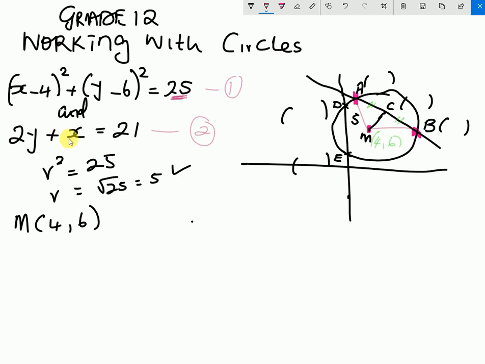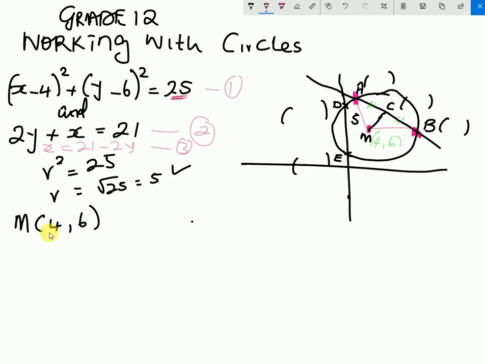One of these unknown values must be the subject of the formula. Which one can you make the subject of the formula? Let's make x, because it's easy. You just take the y to that side and then you remain with x. x is equal to 21 minus 2y. This becomes your equation number 3.